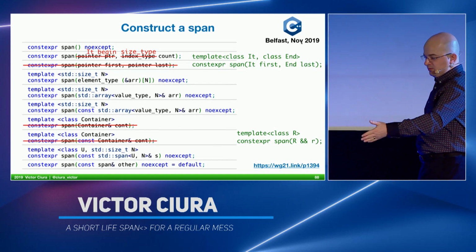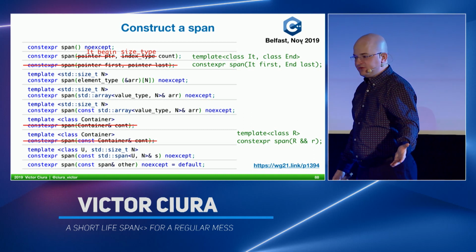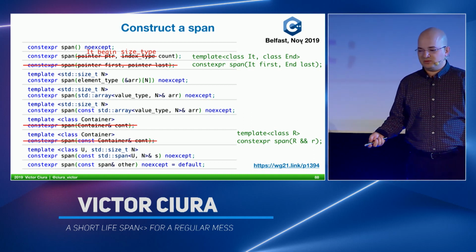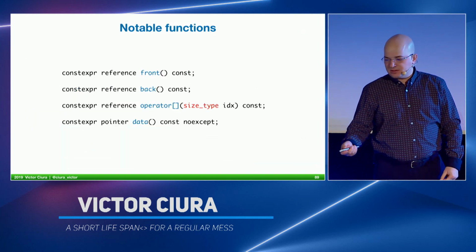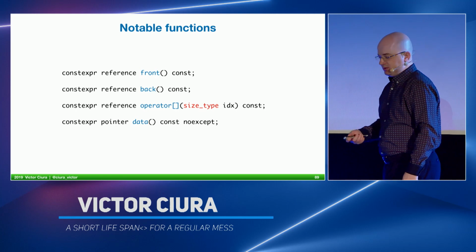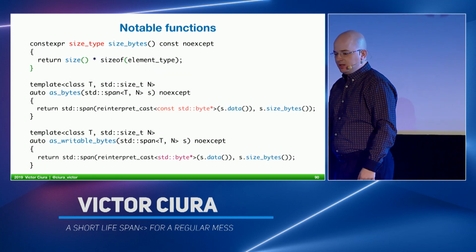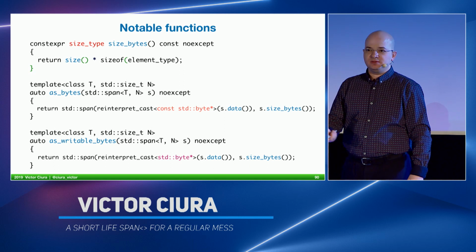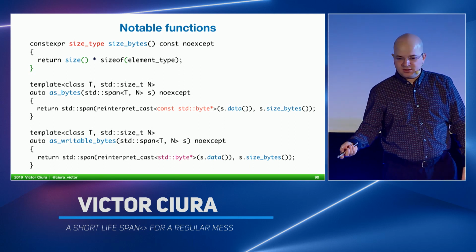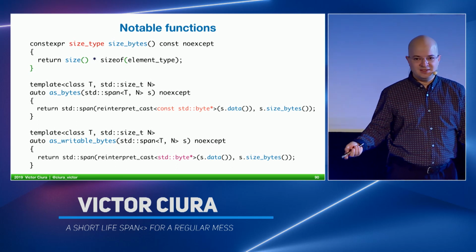So we can construct it from an array, from a standard vector, the way we would expect to construct it. It has some convenient functions like front, back, index operator, and data. It has convenient methods to get the contents, the buffer, as bytes. It's debatable whether this is too convenient.